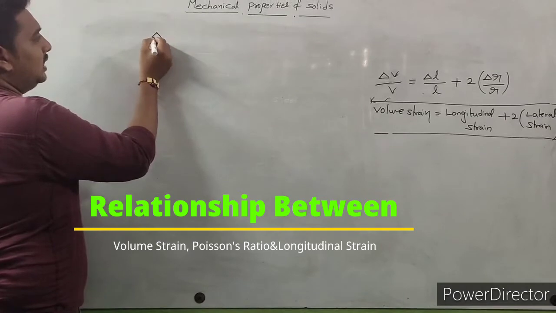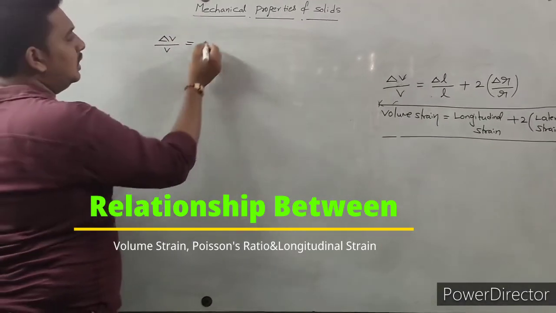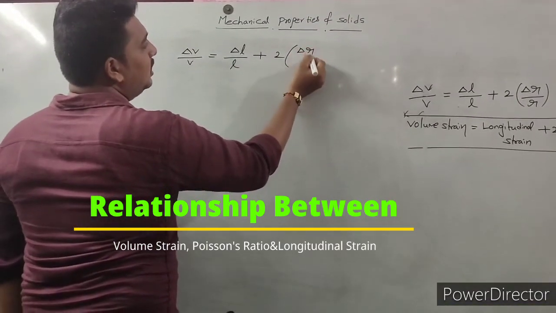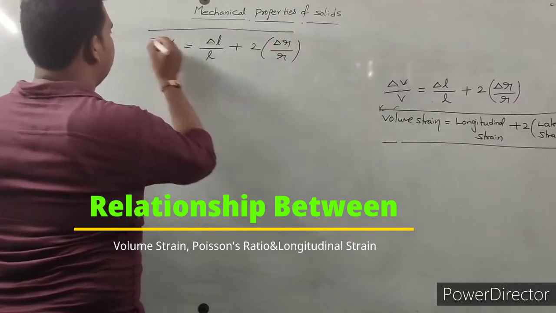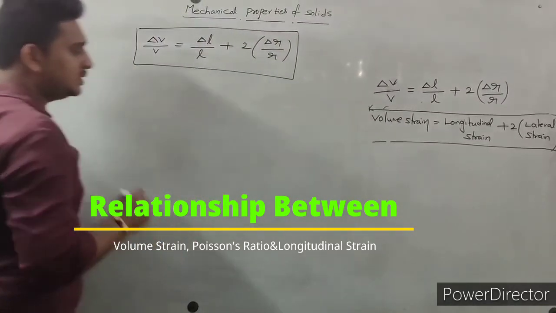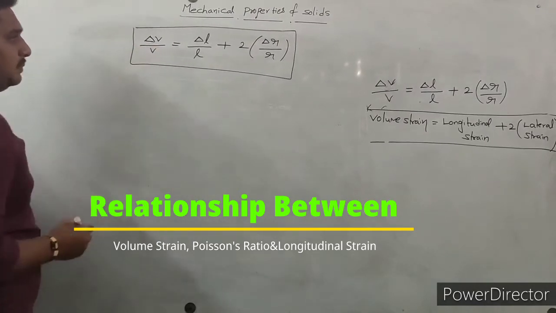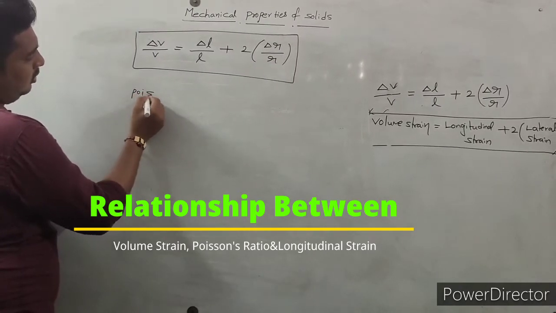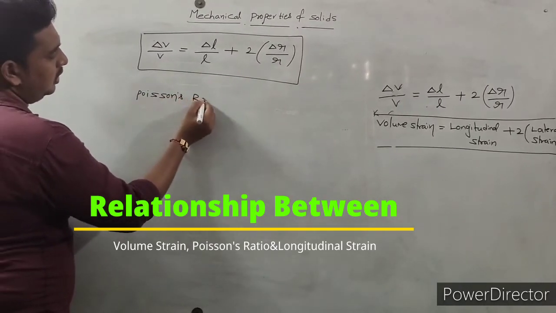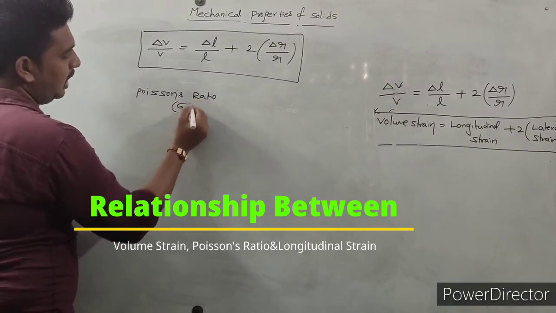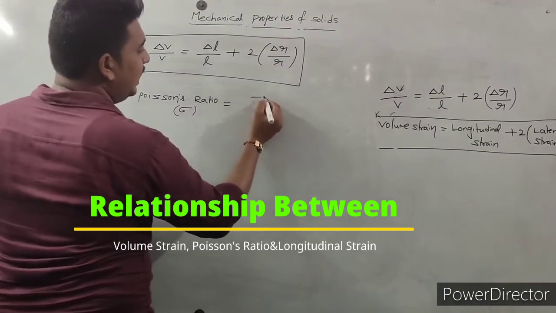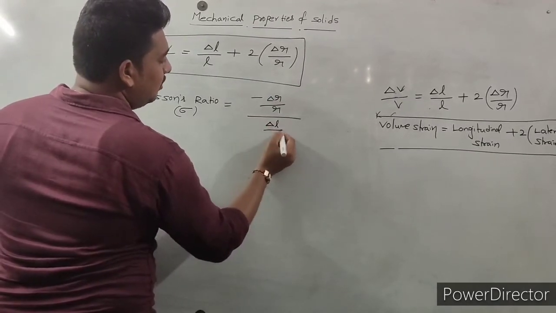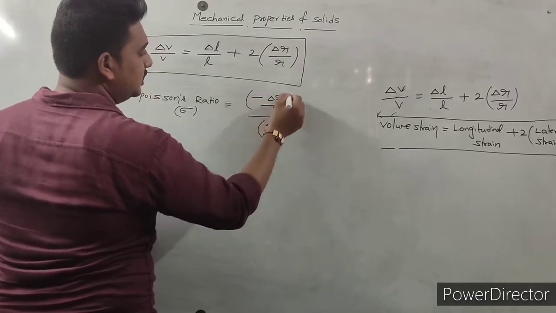So now we know that Poisson's ratio sigma is equal to minus delta R by R by delta L by L. Okay, so this is a formula.